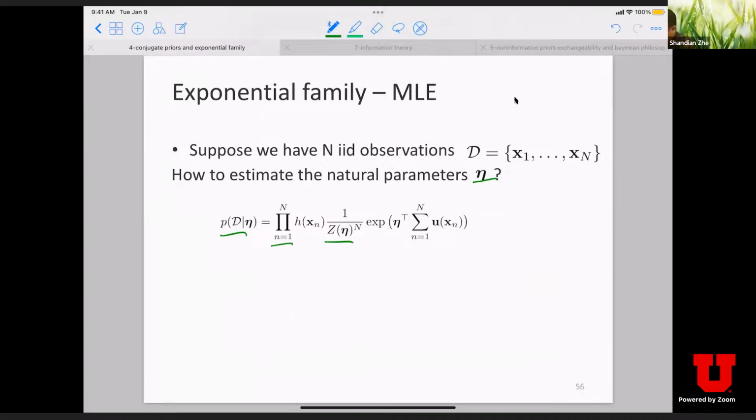That means in the denominator, you multiply the normalizer big N times, and in the exponential term, for each example you have this dot product, eta transpose u of xn. With big N examples together, you just multiply them in the exponent and add them together, so you get eta transpose times the summation of the sufficient statistics over all examples.